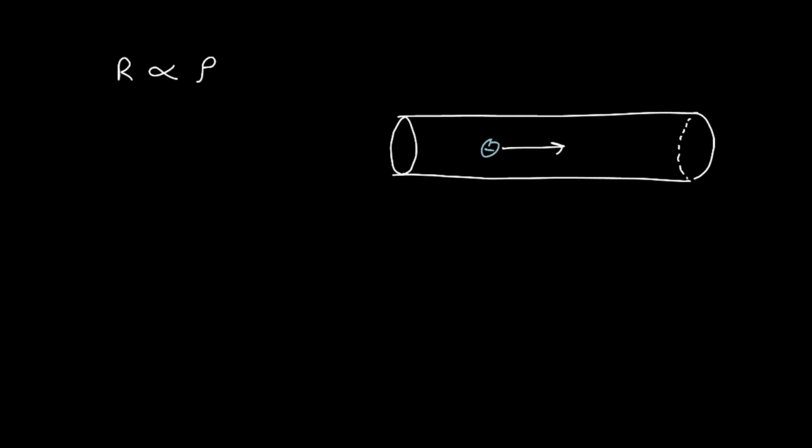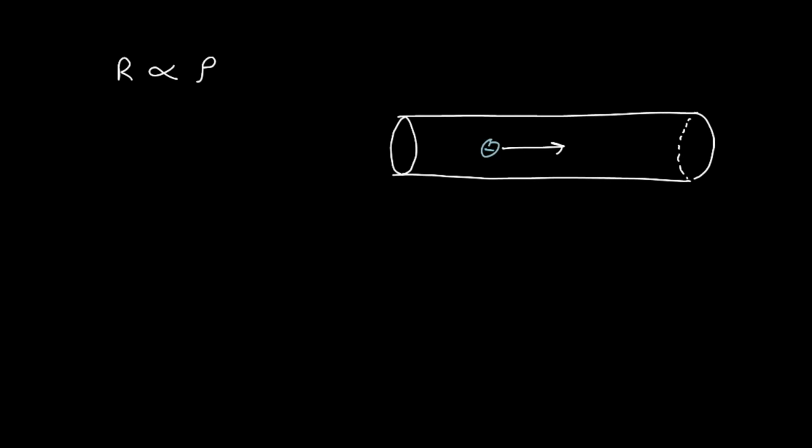So if you have, let's say, steel, it's going to be a relatively good conductor. It's going to conduct electricity very well, so it's going to have a very low resistivity, because it's not very resistive as a material to electron flow. So that's the first part of this equation.